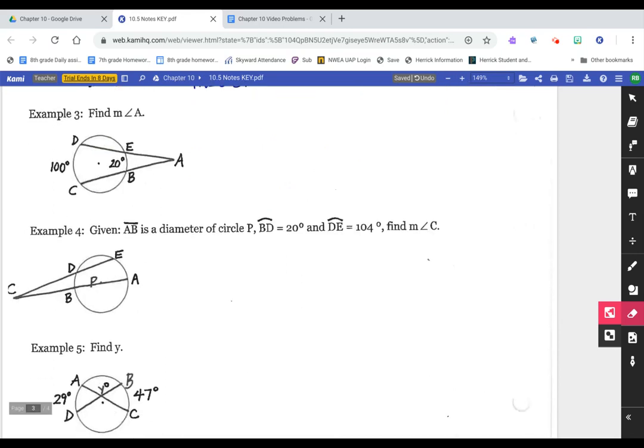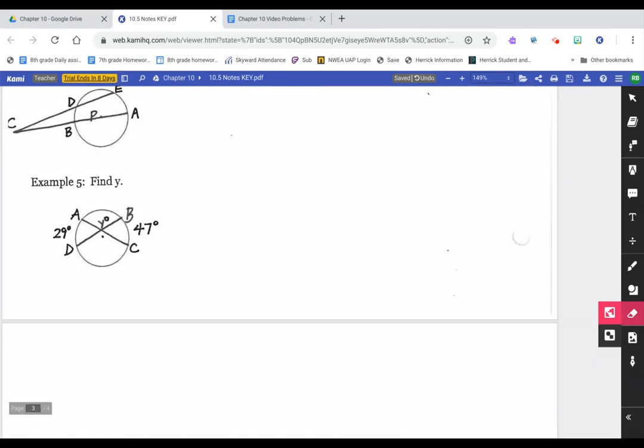Let's go down to the bottom one. The second theorem that we were told was for the chord-chord, so I'm going to write chord-chord over here. The rule states that the angle is 1/2 the sum of the measures of the arcs intercepted by the chord-chord angle and its vertical angle.